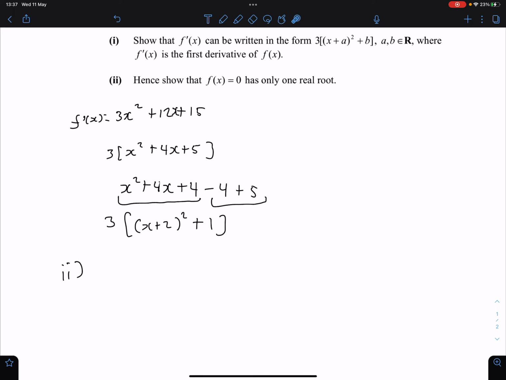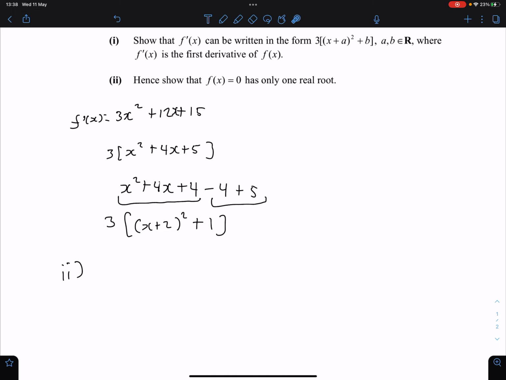Remember that our derivative is essentially telling us whether a function is increasing or decreasing. If we look at this form, we can't really infer whether it's increasing or decreasing. But in this form, we know that this strictly has to be greater than 0, which means that it's increasing for all x. Why is this greater than 0? Think about the x values that I can put in. If I put in a positive number, it's always going to be positive, because I'll get a positive number plus 1, multiplied by positive 3.